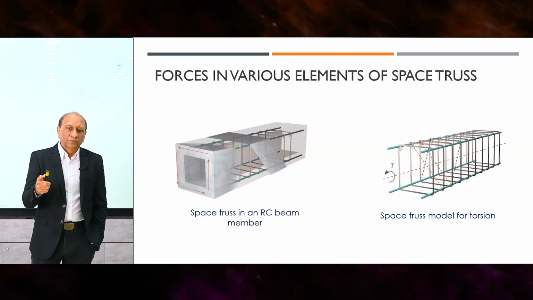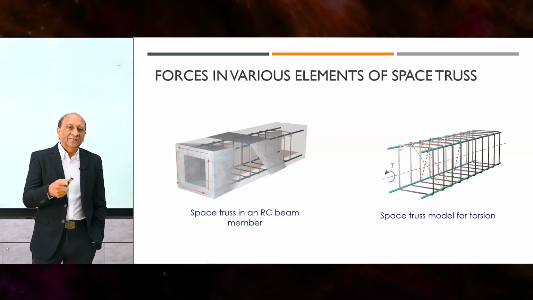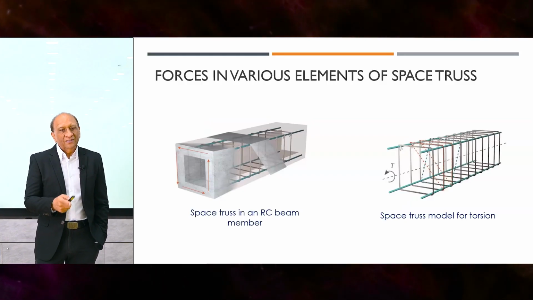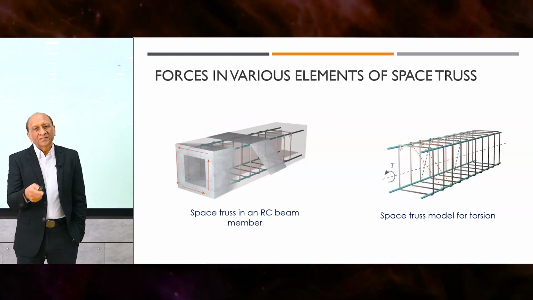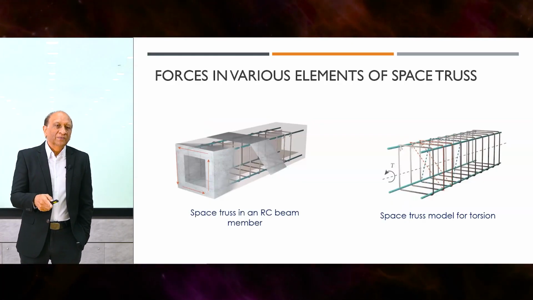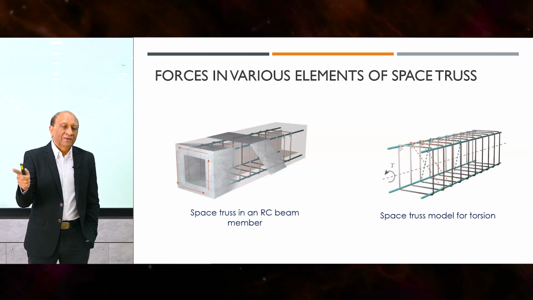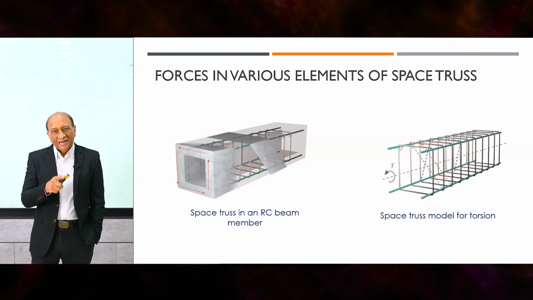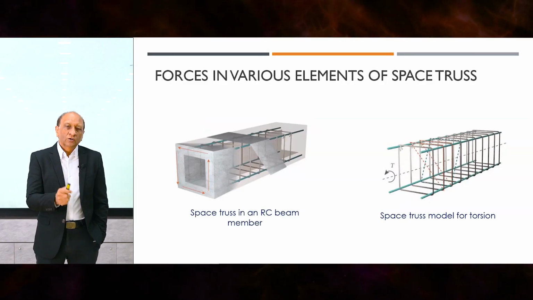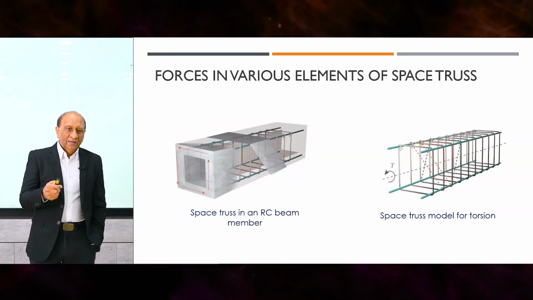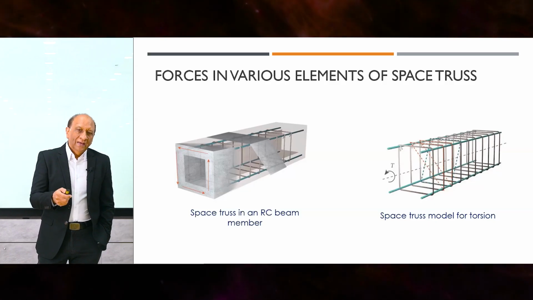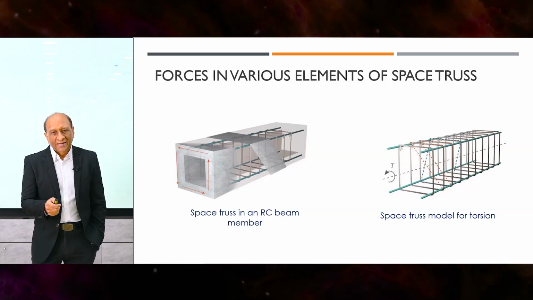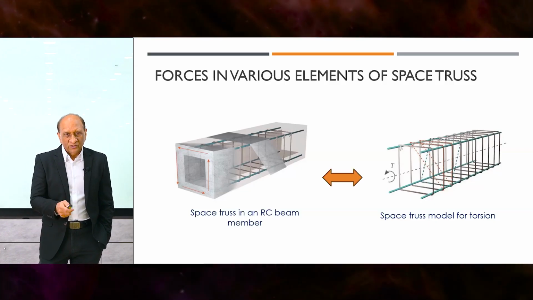And if you decompose them into principal stresses, then you're left with tension and compression. And based on that, you can then create a space truss around the beam and then design that. And the rest of the beam in the middle is doing nothing, and that can just be taken out. So that greatly simplified the torsion design of beams a few decades back. And now we have a very simple way to design the beam for torsion using this space truss concept.